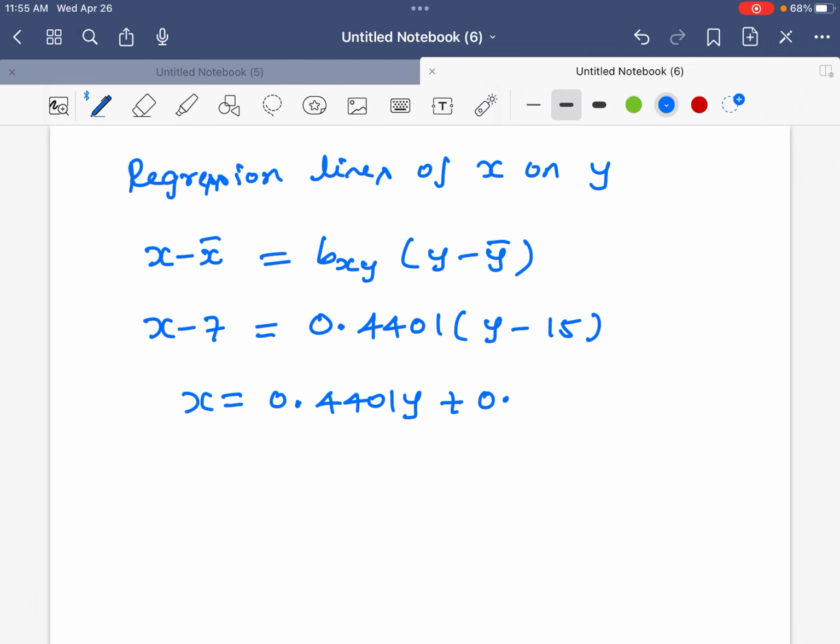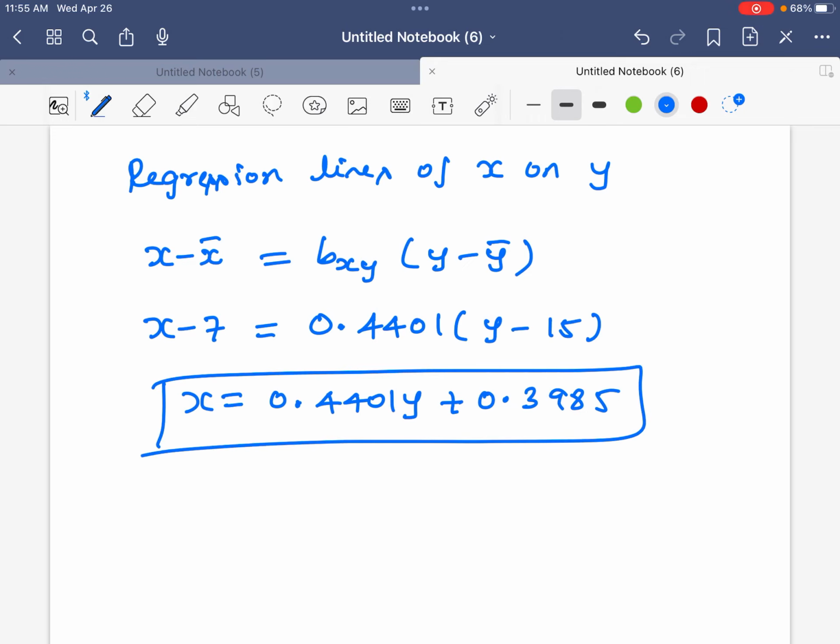This gives us a positive value, that is 0.3985. This is the regression coefficient of x on y, that is 0.4401, and the equation x equals 0.4401 times y plus 0.3985 is taken to be the regression line of x on y.